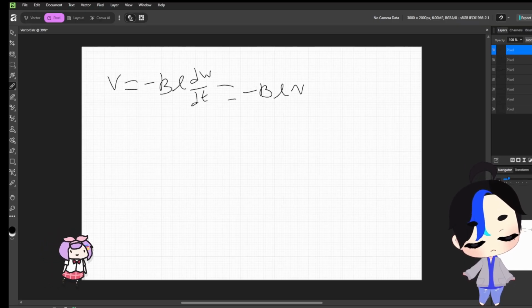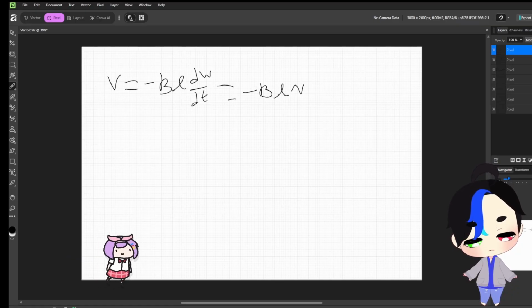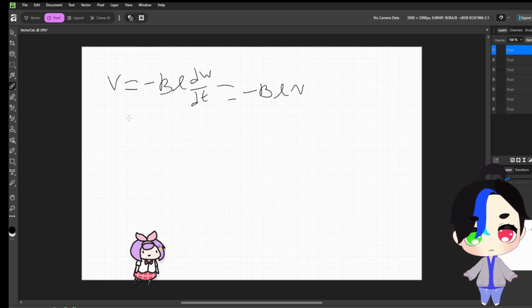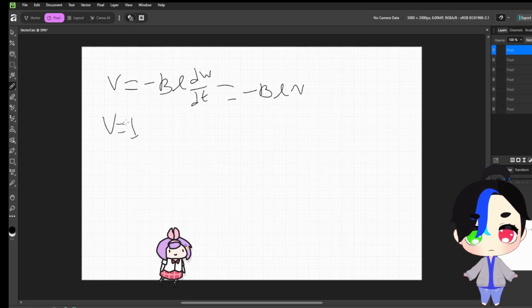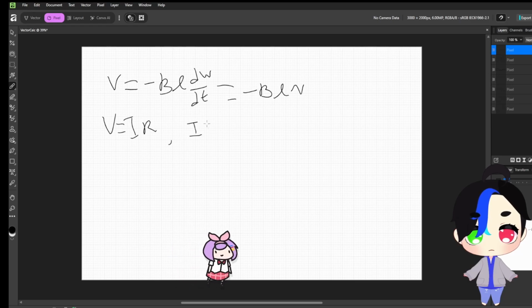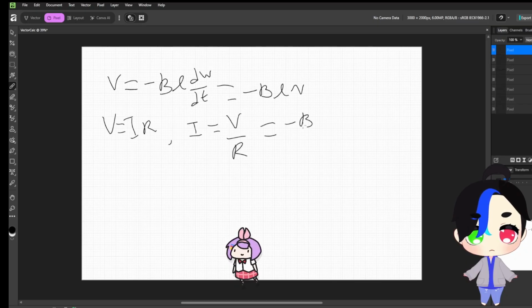Now we know the voltage in the circuit, but we want to know the current flowing through the circuit. So we use Ohm's law. The current is equal to the induced voltage over the resistance, which is simply B L v over R.